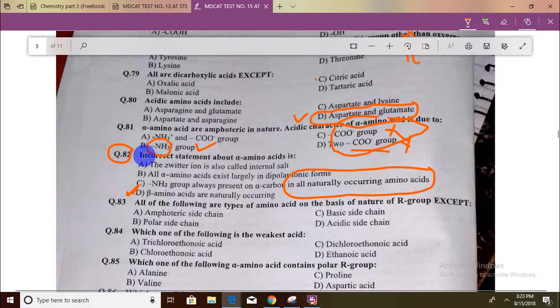So all of the following are types of amino acid on the basis of the nature of the R group except amphoteric side chain. There is no such thing. Polar side chain, yes, in the case of plenty of them. One, two, we have actually five, or maybe it's even more than that.